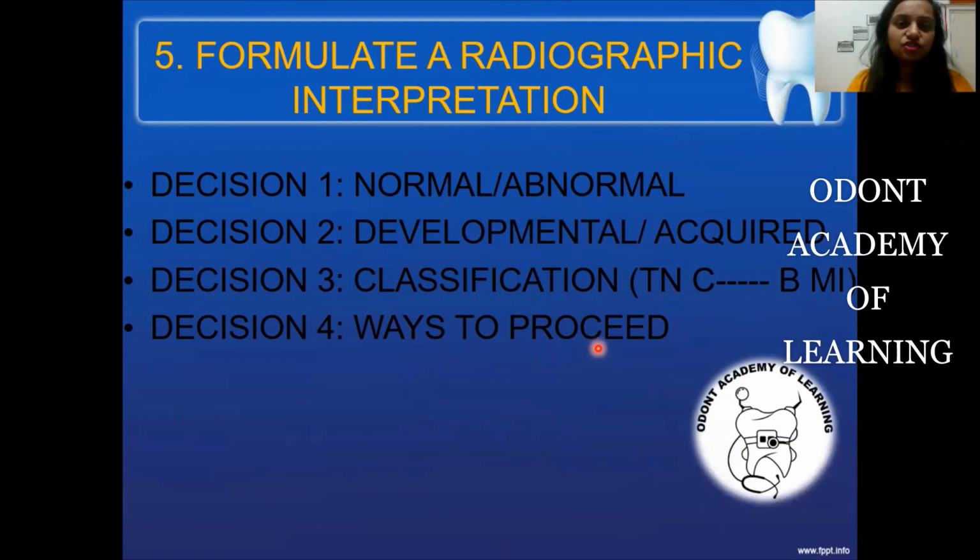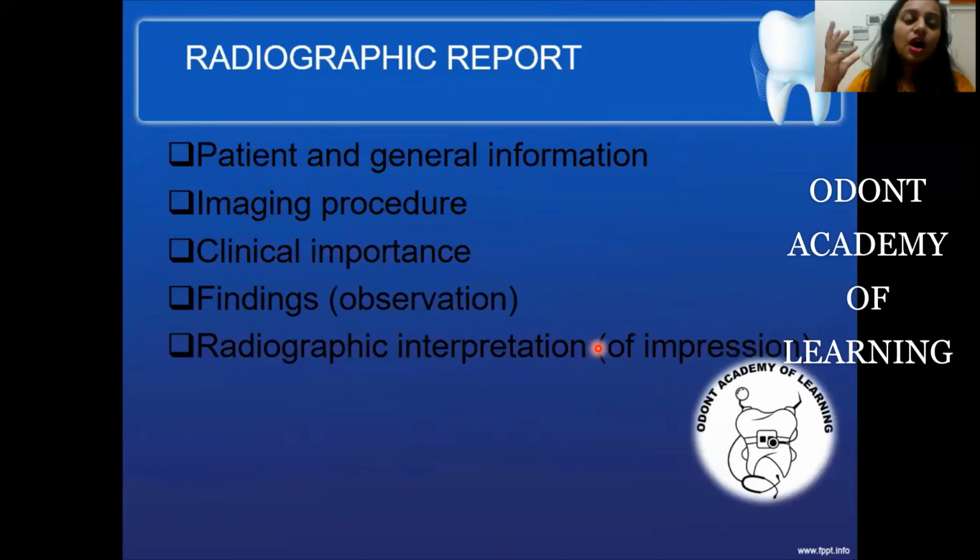further investigations if required. Now when we have all of this, how do we write the radiographic report, which is the most important step? First is we write the patient's information, basically the demographic data. Then we write the procedure, whether we have taken an IOPA or an extraoral, or if it is IOPA, whether it is a bitewing procedure or an occlusal procedure.